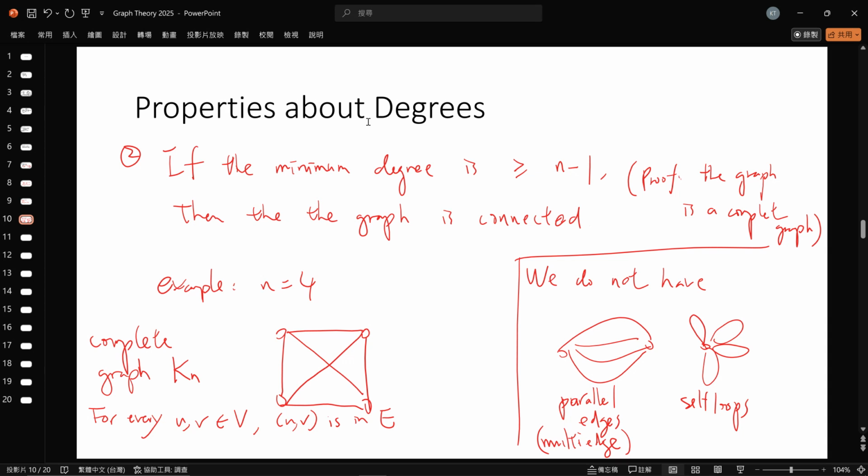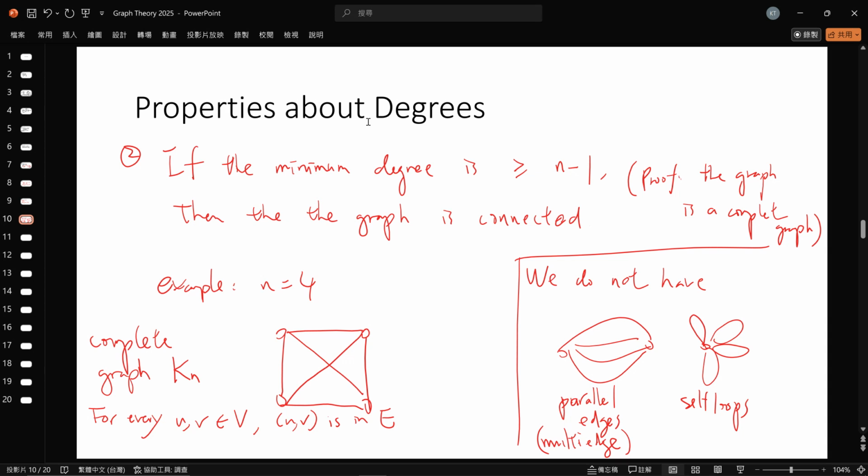All right, so let's continue. For this statement, we consider the minimum degree. And given the minimum degree, can we guarantee the graph will always be connected? So if we consider degree, a vertex degree is just the number of neighbors for a vertex. So the maximum degree you can have for a graph that has n vertices will be n minus 1.